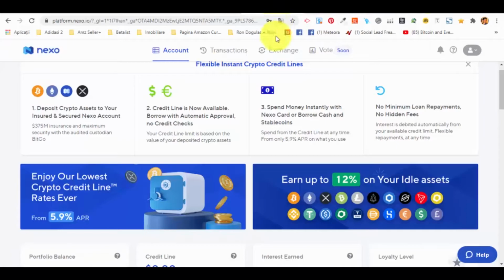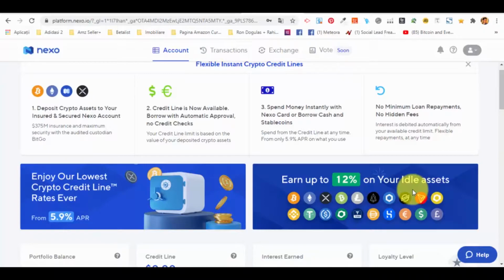And we have Nexo, which is a custodian platform. From what we know, that means it's a little bit more regulated than the other ones, which also means you cannot earn as much. They don't have as many services, but they are more secure. They are backed up by, let's say, bigger institutions or companies.